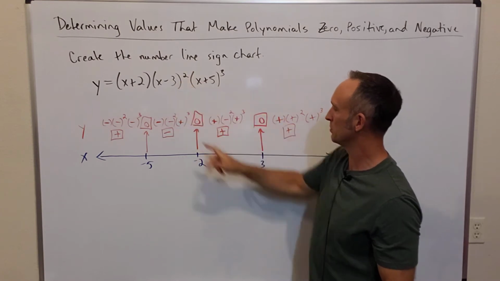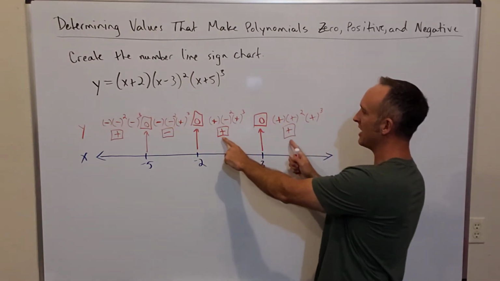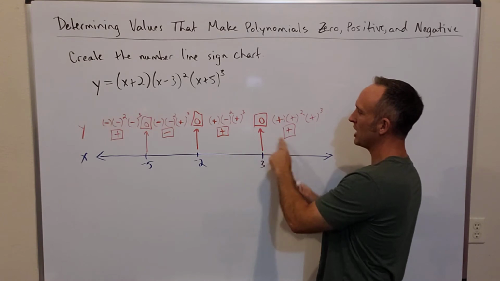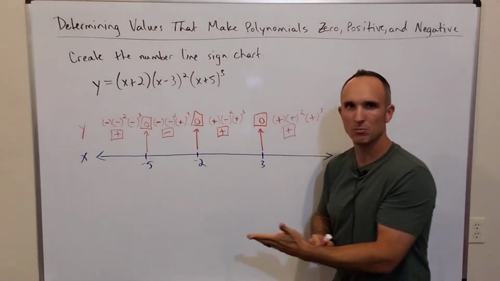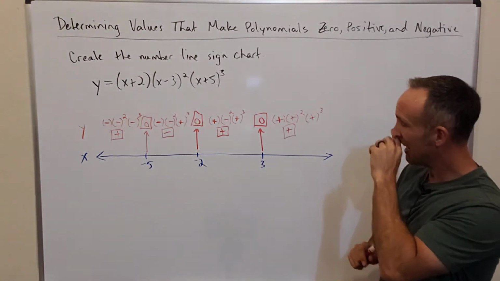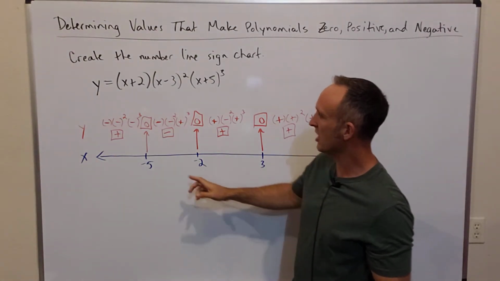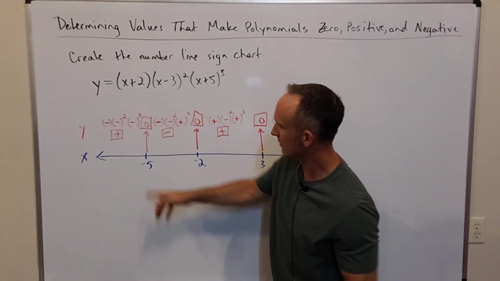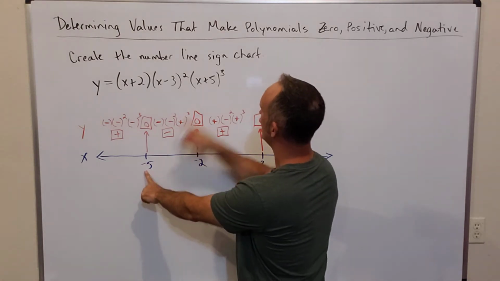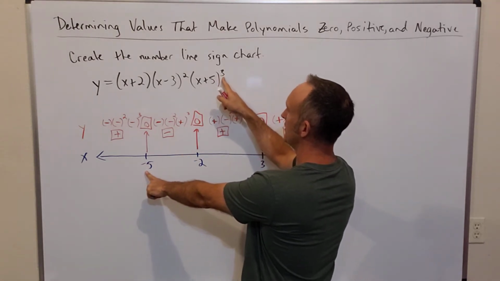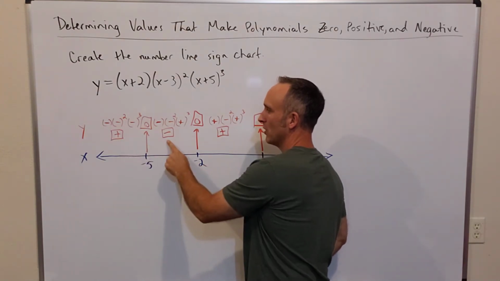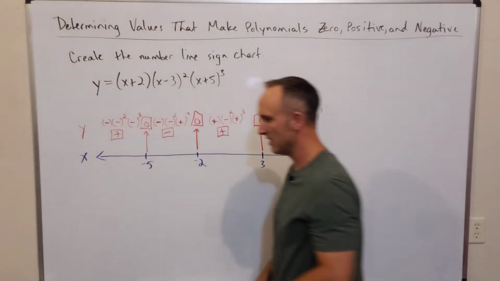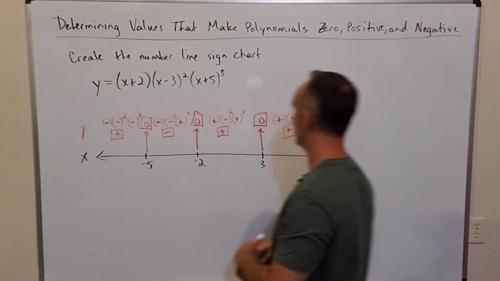What you see is the sign of your y value does not change when you cross over a 0 that has an even multiplicity. And the sign does change, so let's look at negative 5. Negative 5 had an odd multiplicity of 3, and you can see that the sign of the y value did change.